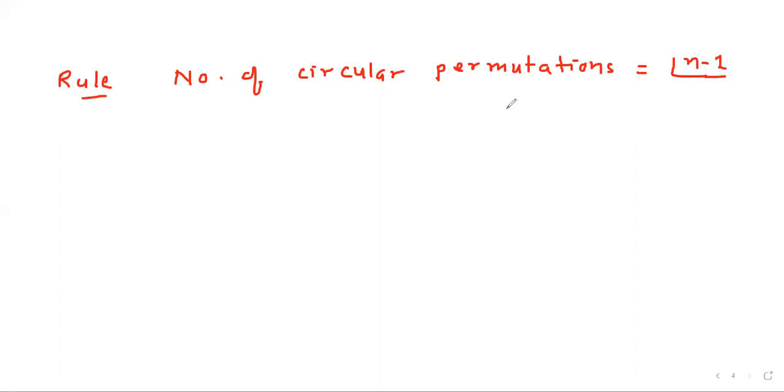If they are non-distinguishable, in that case this value will become half. Let's understand it by an example.